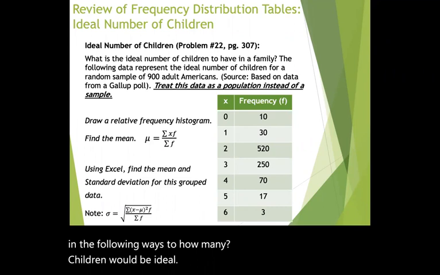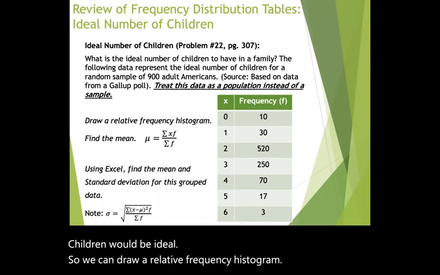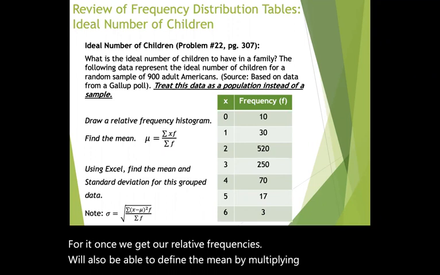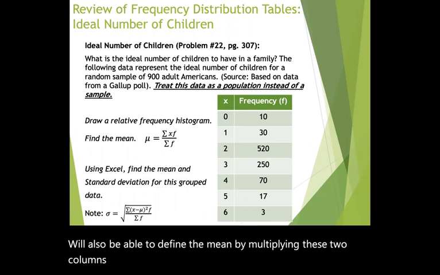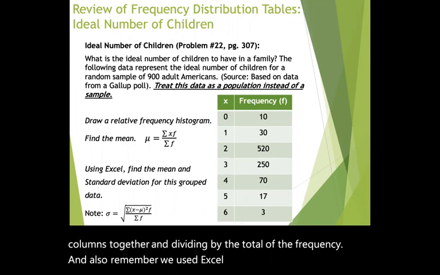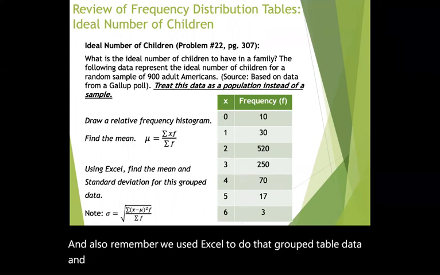So we can draw a relative frequency histogram for it once we get our relative frequencies. We'll also be able to find the mean by multiplying these 2 columns together and dividing by the total of the frequency. And also remember, we used Excel to do that grouped table data and the really complex calculations for the standard deviation.